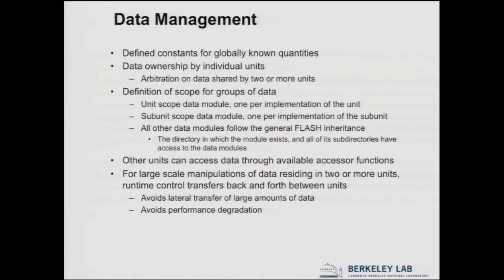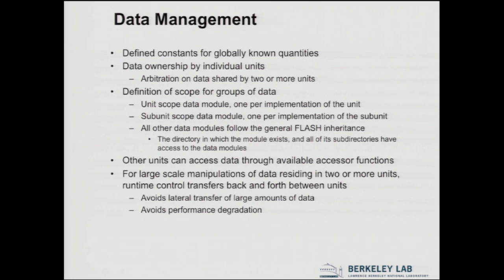Each item of data is specifically owned by a unit only, and only that unit has the right to decide who gets access to the data and who gets to modify it. When the data is to be shared by one or more units, there is an arbitration, a design process where you decide which unit it makes more sense for to own the data.